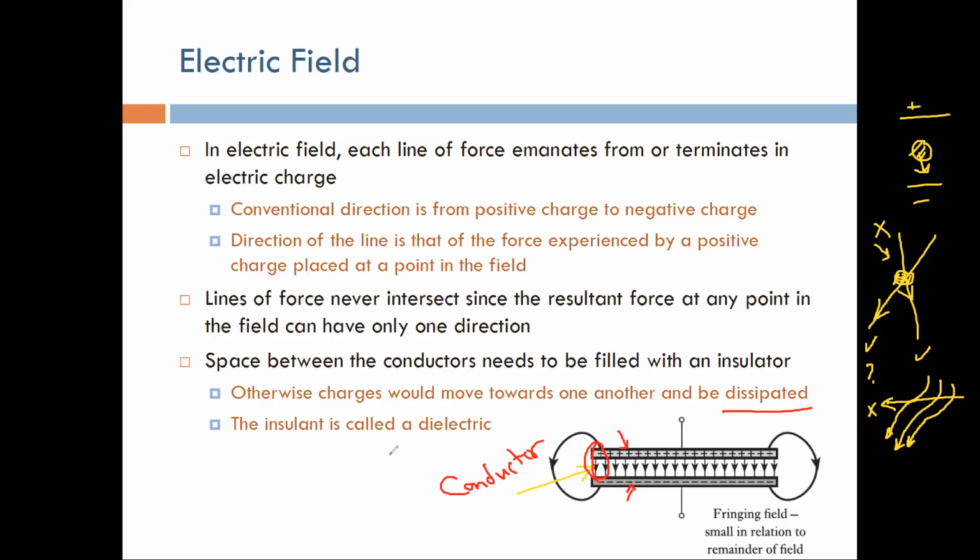The insulator is called a dielectric, and it has to be there in order for you to have an electric field. If you have a conductor, you will not have an electric field, because the charges will dissipate, and there will be no force applied on a positively charged particle placed in between them.